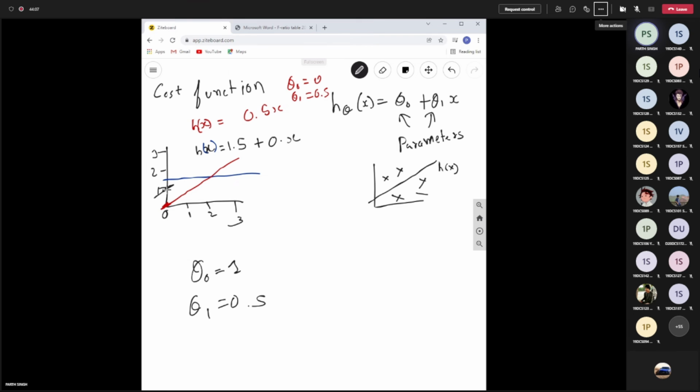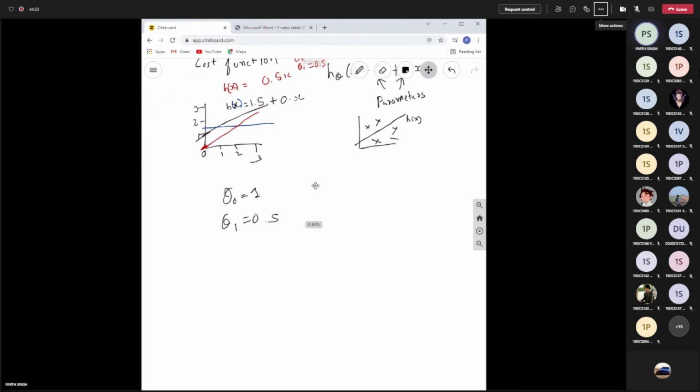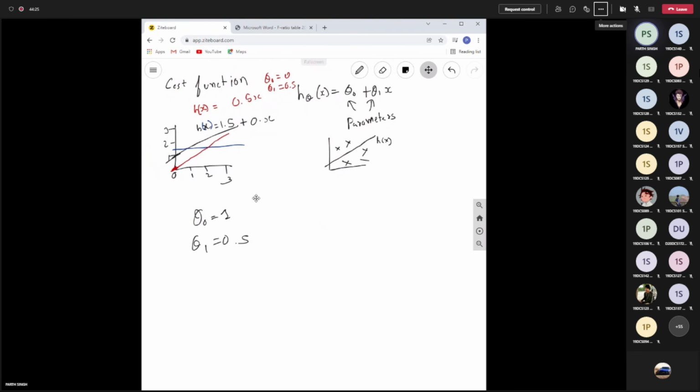So this is the basic graph: the line will be according to the values of theta 0 and theta 1. So we need to see how we are going to select. This is the impact of theta, how one theta can impact the line.